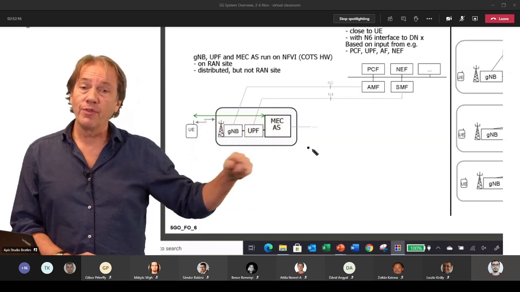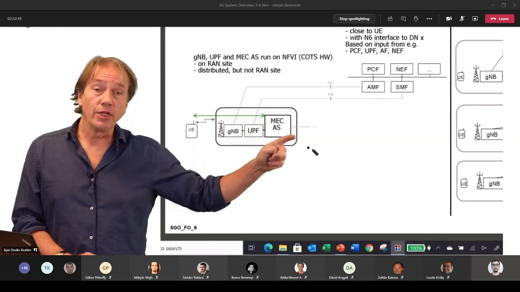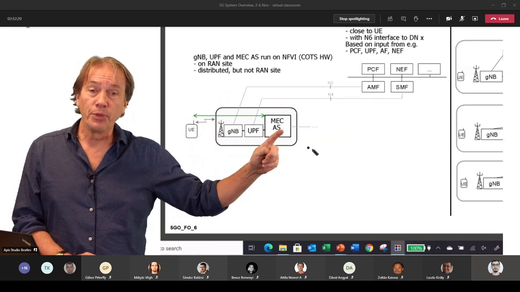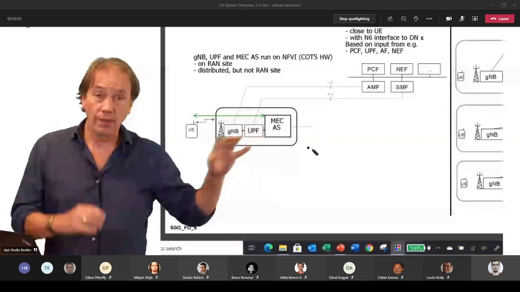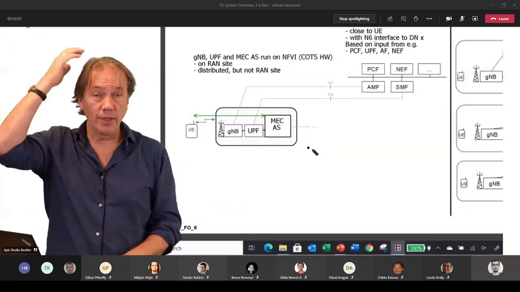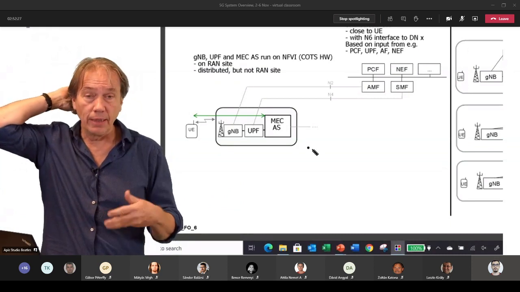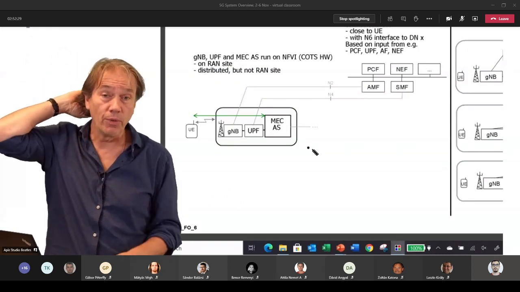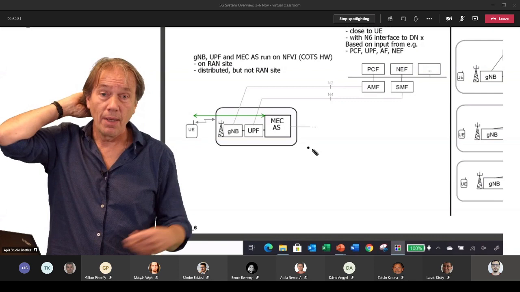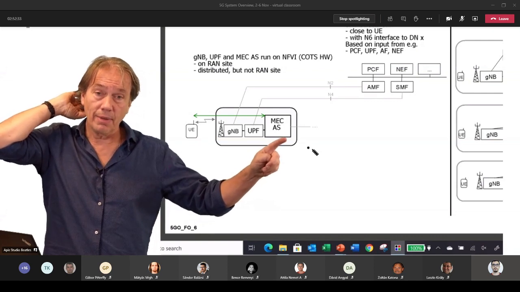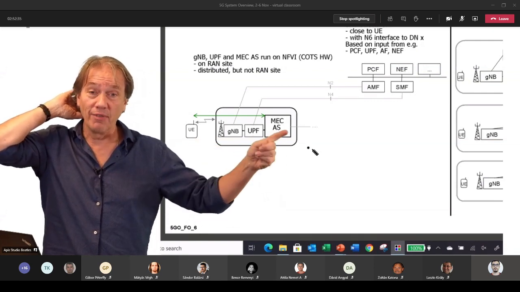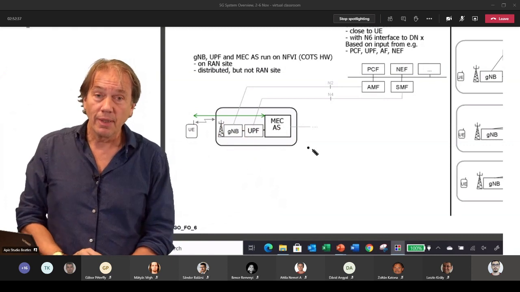If this is inside a factory and the production server is supervising the production of steel or cheese or ice cream or cars or whatever, that's by nature a local application.